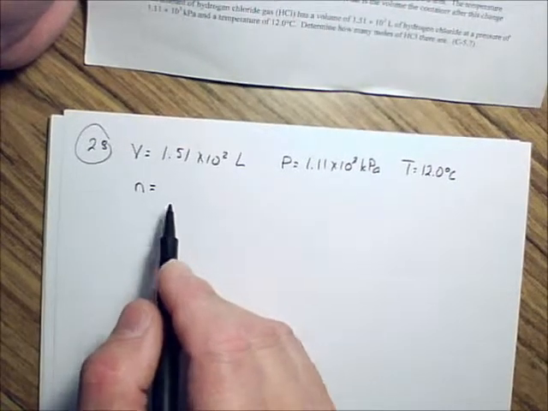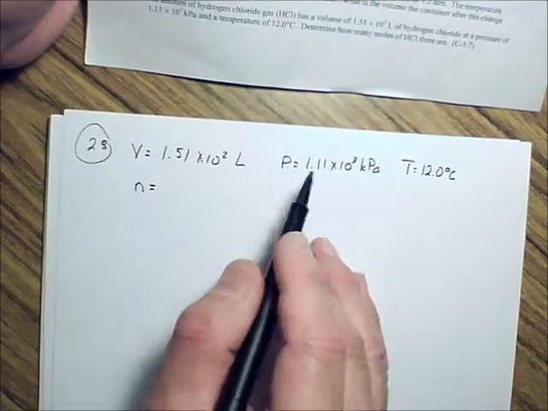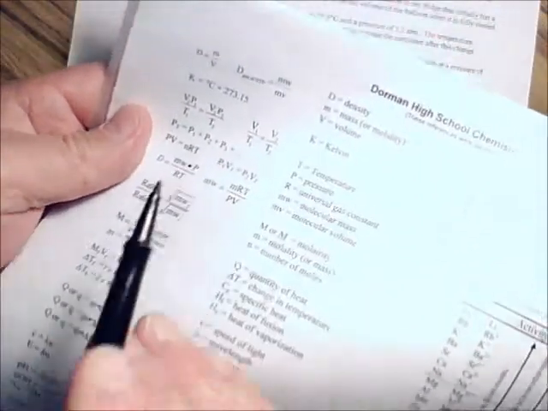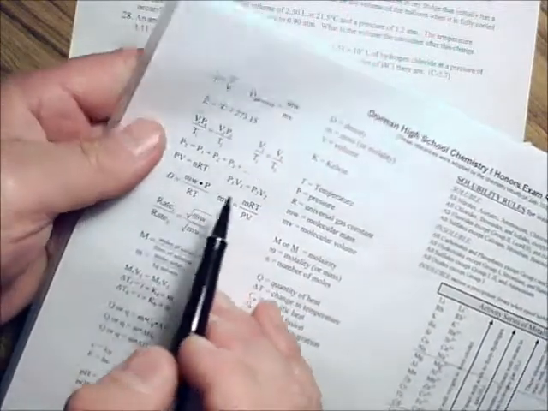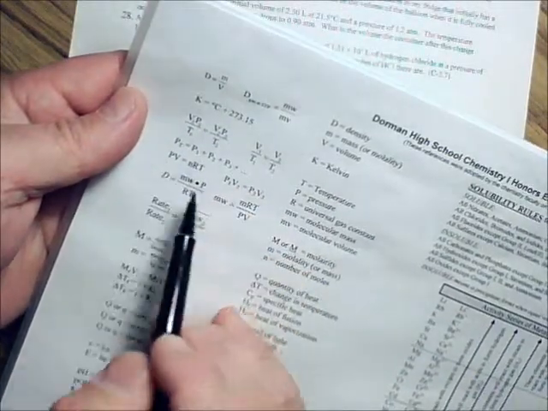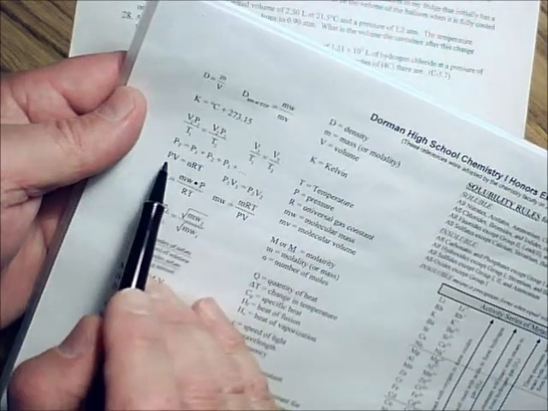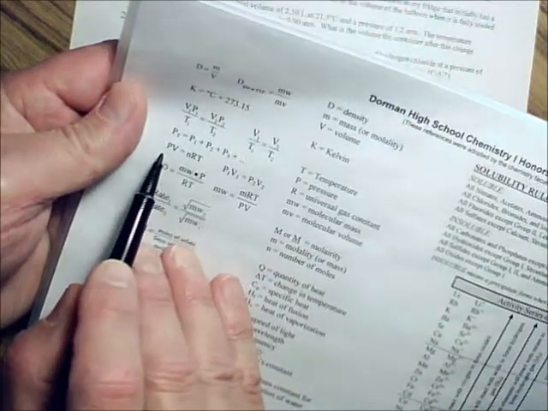All right. So we've got V, P, T, and n. Those are the variables. And if we go through our list of known gas laws, the ones you have to use, they're all grouped right here on your test references. And this equation right here has V, P, T, and n.